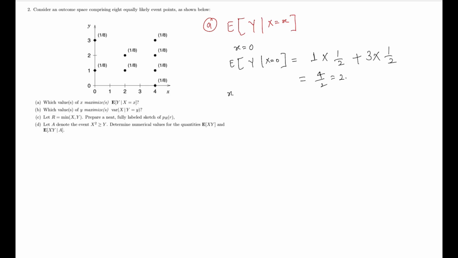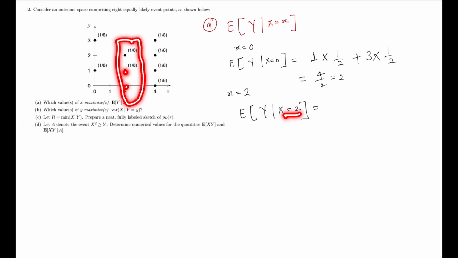Let's take another case where random variable X takes the value 1. All these probabilities are 0, so there is no point of talking about this one. Take the value X equals 2. In this case we will again find the conditional expectation of Y given that X takes the value 2. We are living in this universe.